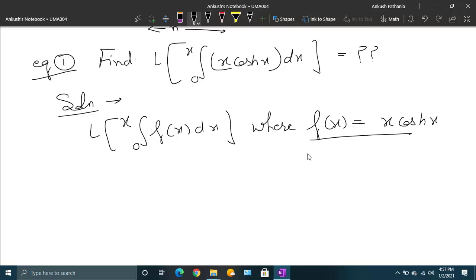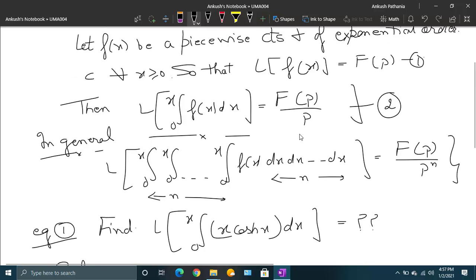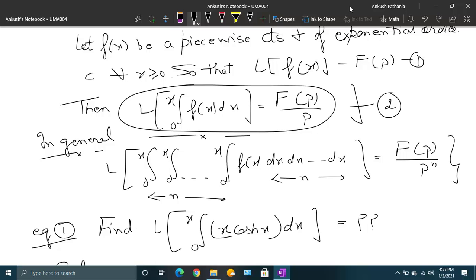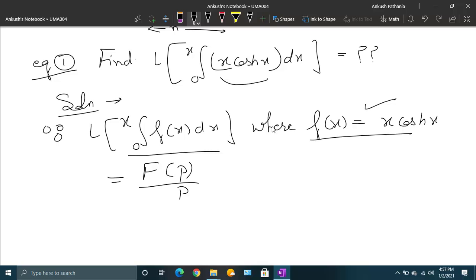By property number 5 of Laplace transform, this Laplace is always equal to F(p) upon p, where F(p) is the Laplace of f(x).